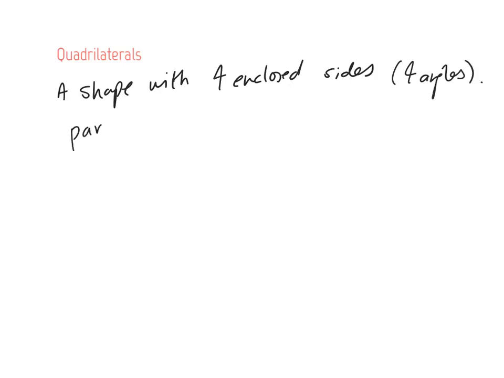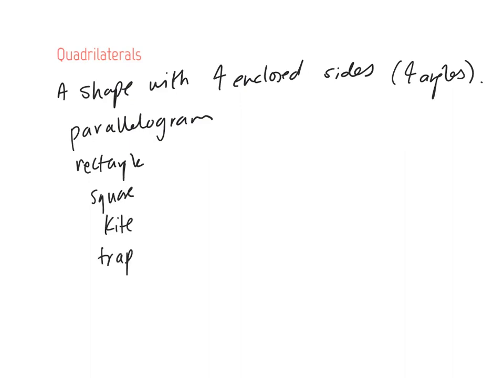So we have a parallelogram, a rectangle, square, kite, trapezium, and a rhombus. These are all types of quadrilaterals.